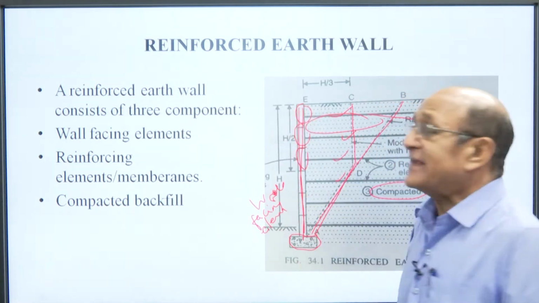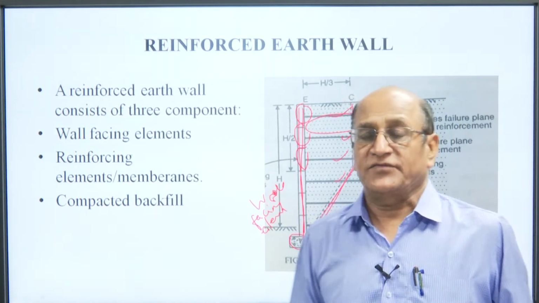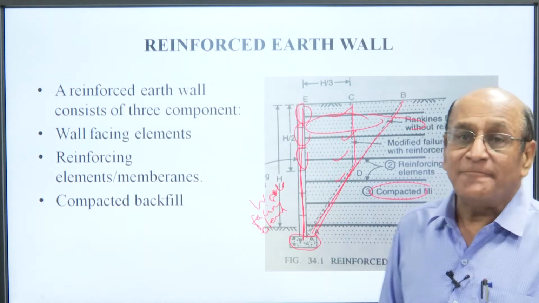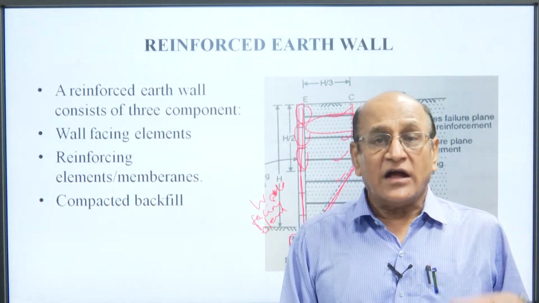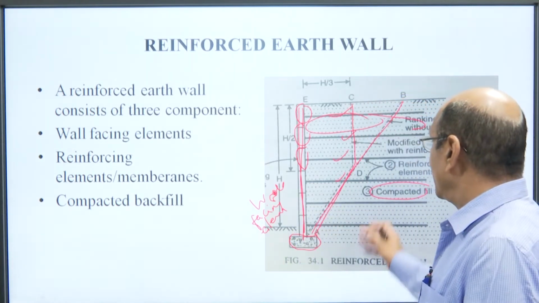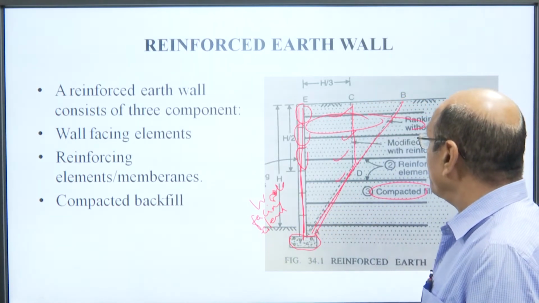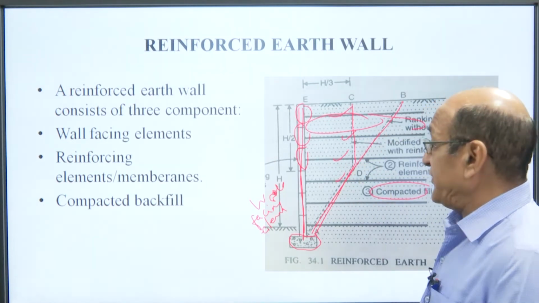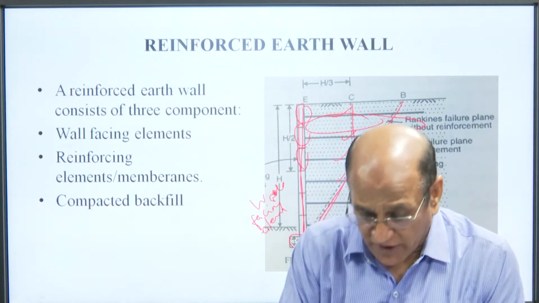They can be easily transported from one place to another, and they are light in weight, so that the construction speed may be enhanced. So, this is the wall facing element.